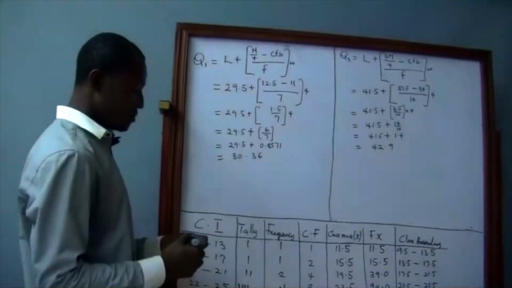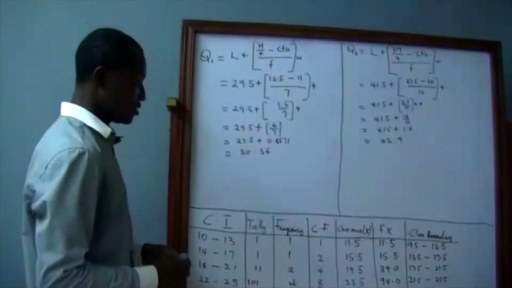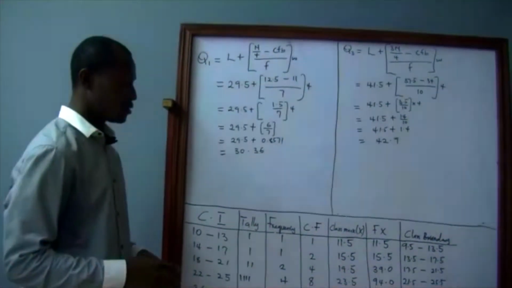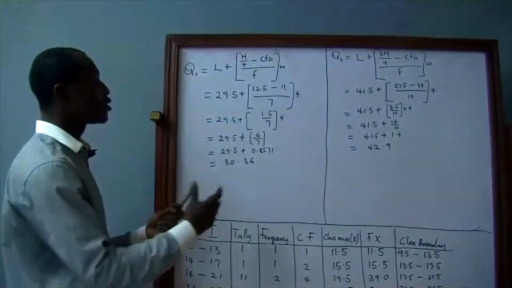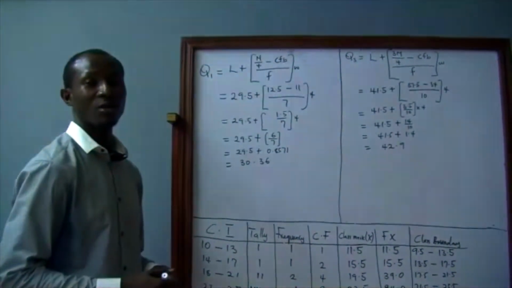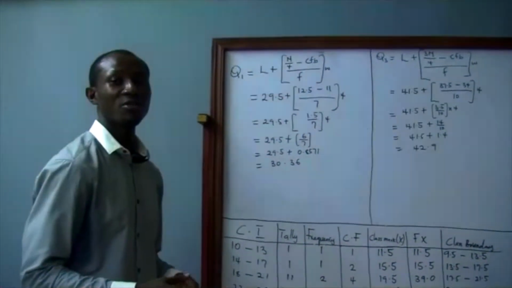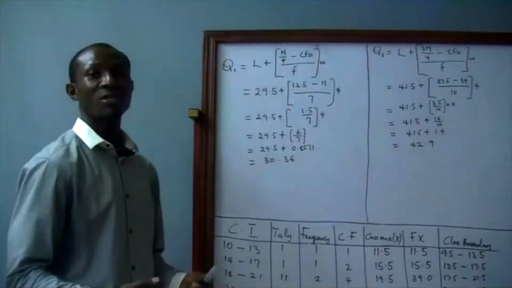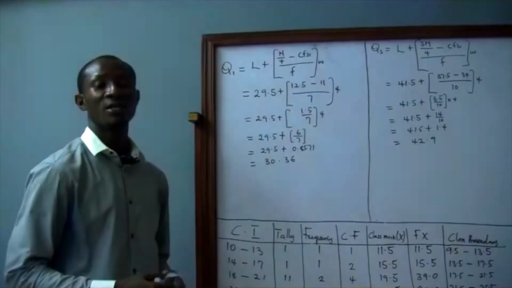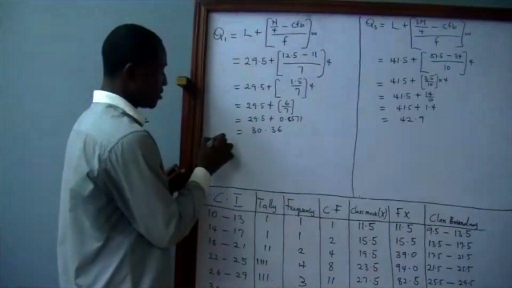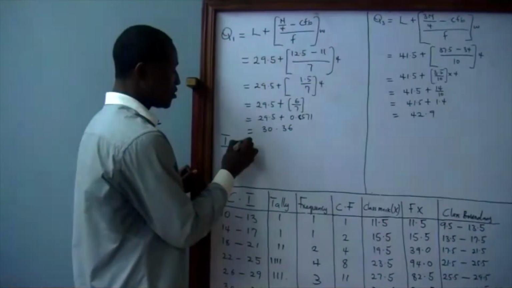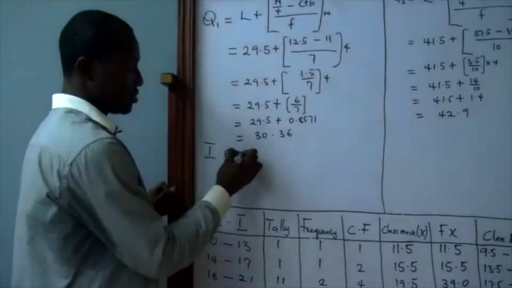We have obtained the mean, the median, and the mode of the data set that was presented at the beginning. We could also go further and be asked to calculate the interquartile range or the semi-interquartile range, just like we calculated in the last class. I'm using IR to represent interquartile range.